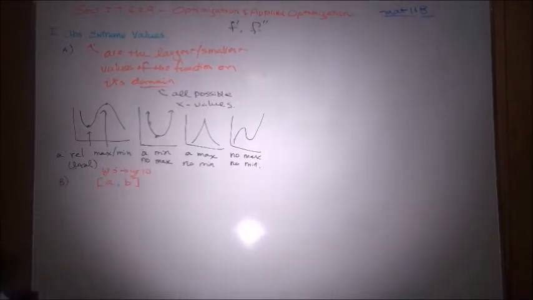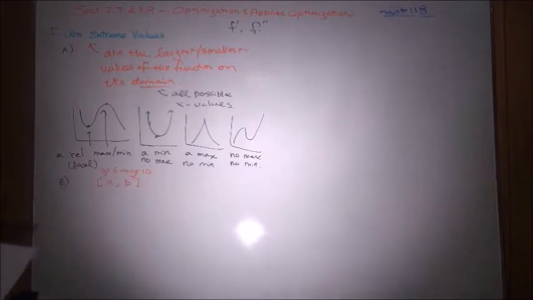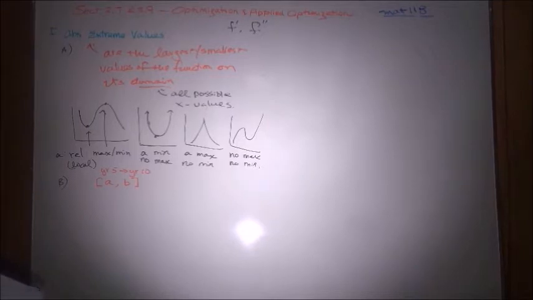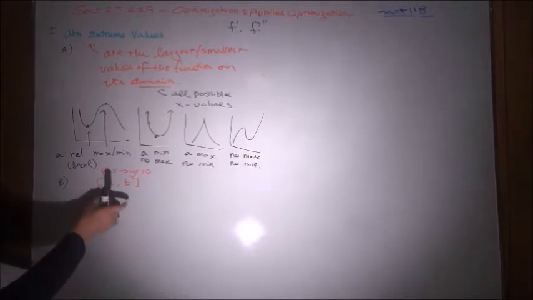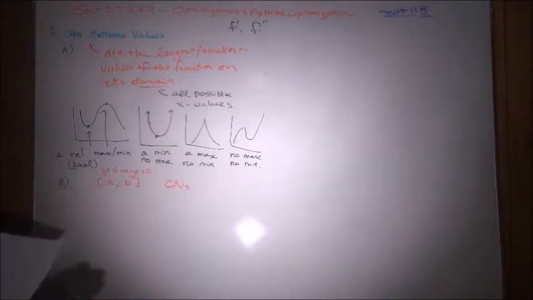Then your a would be 5, b would be 10, right? So if I'm only concerned with this time frame, what are we going to do? We are going to find something we talked about before: the critical numbers.